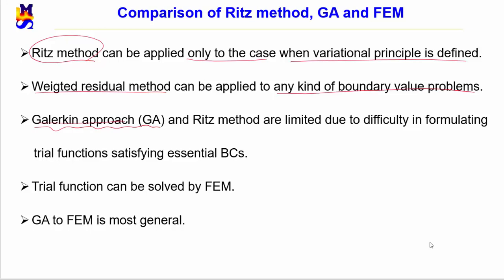The traditional Galerkin approach and this method are limited because of difficulty in formulating trial functions satisfying essential boundary conditions, especially for practical engineering problems on the two-dimensional plane or in three-dimensional space.